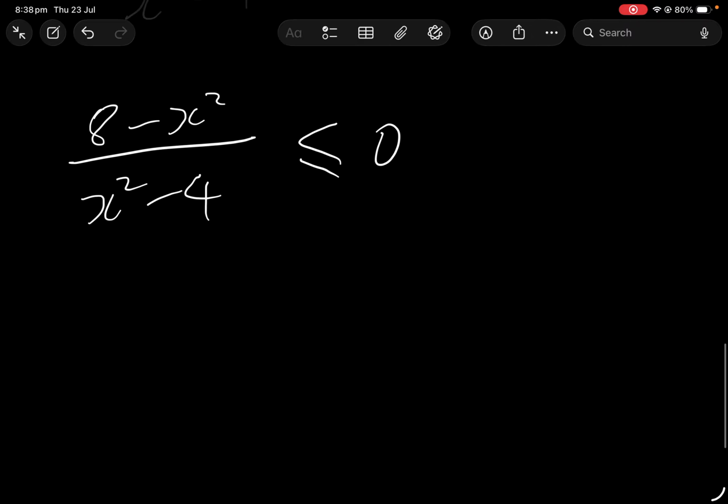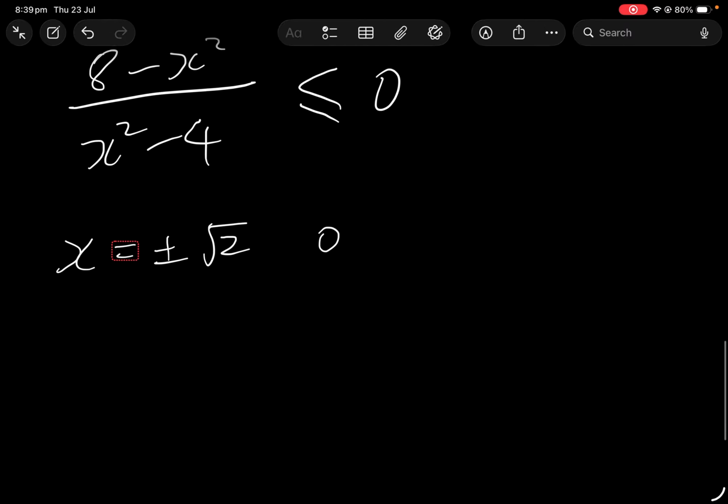Okay, so basically this is a function. I'll find the domain of this where it's smaller than or equal to 0. It equals 0 when the top is 0. So x could potentially be square root 8, which is plus or minus 2 square root 2, for this thing to equal 0.